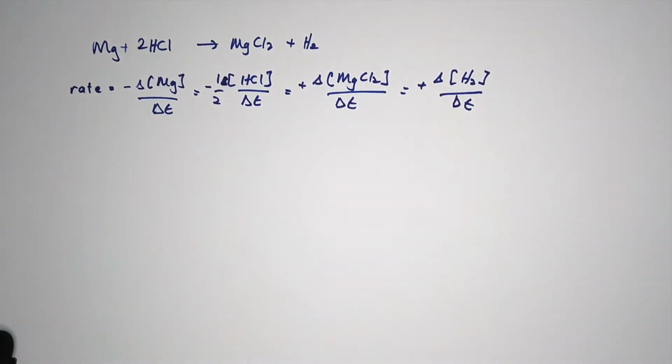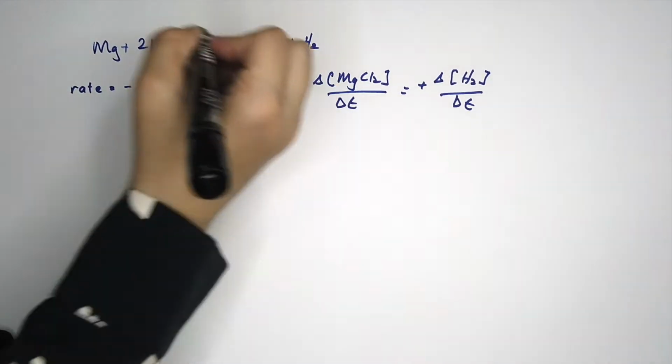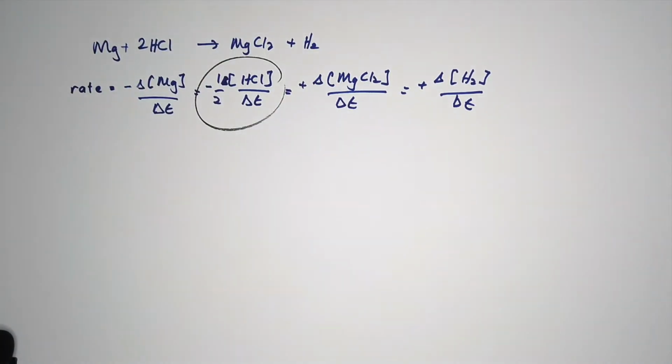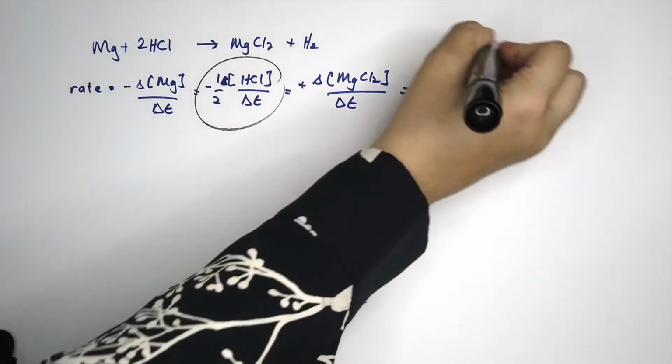If you look back at the question, you were asked to calculate the rate of depletion of hydrochloric acid. This is the one that you need to calculate, and given to you in the question is that the concentration of hydrogen is increasing at the rate of 0.32. So hydrogen is given to you.